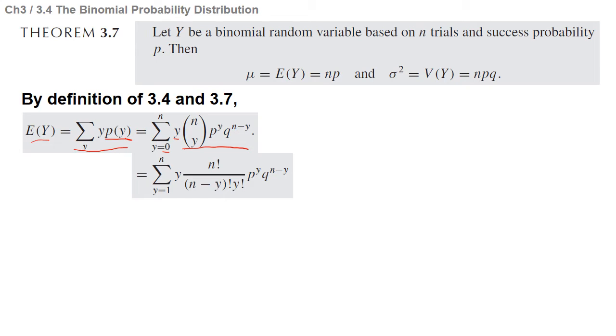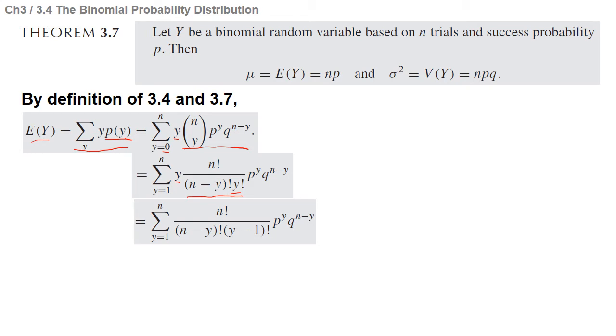The definition of n choose y is this one, so we replace it with this, and then here the y and y factorial, the first number cancels.